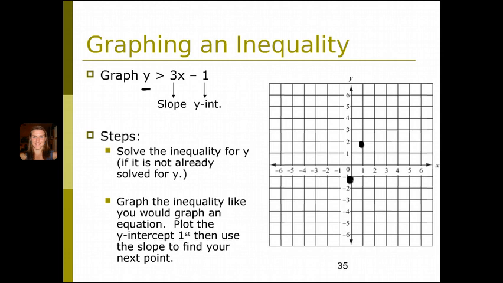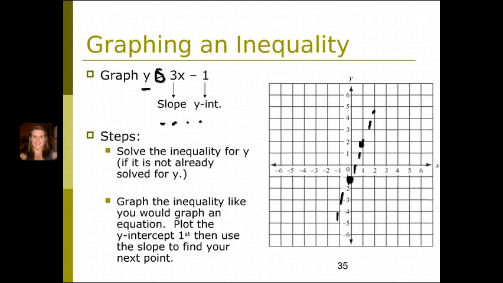I see that my inequality symbol is greater than, which means I'm going to have a dashed boundary line. It's not going to include any point lying on the line. So I draw my dashed boundary line through my 2 points.